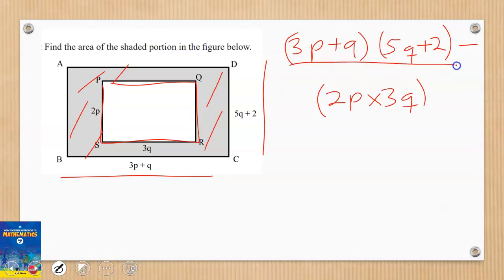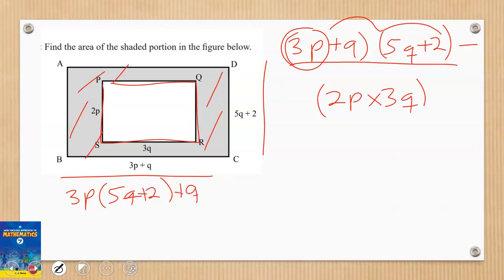So we are going to expand this one. Here we have the binomial expansion, that is, when you are multiplying a binomial by a binomial. We pick the first term and use it to multiply everything in the bracket, so you're going to get 3p times (5q + 2). Then we take the q also and multiply everything there to give us q times (5q + 2).